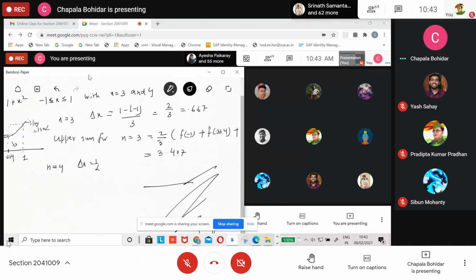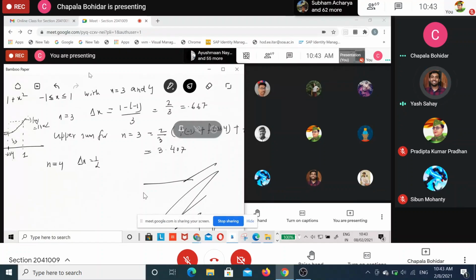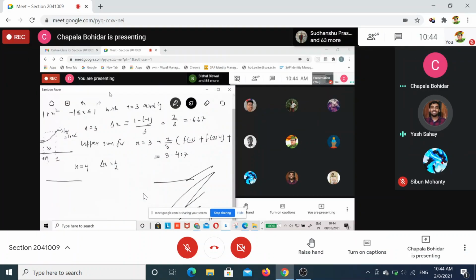Then the points will be minus 1, then minus 0.5, then 0, then 0.5, and then 1.